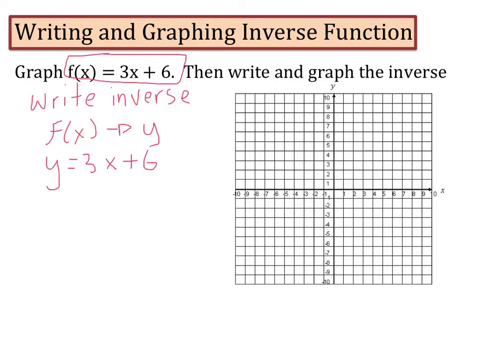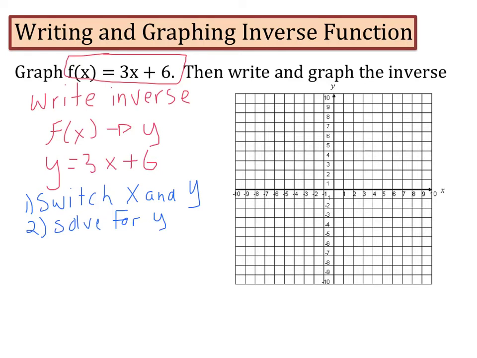Now in order to write the inverse of an equation, all we do is switch the x and y. That's the first step. And the second step is we solve for y.